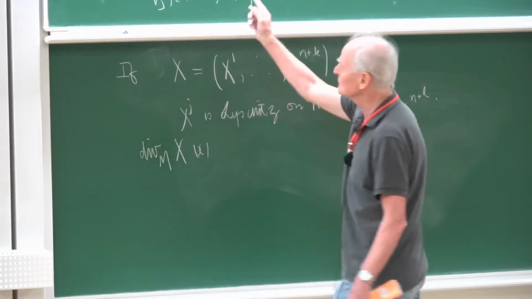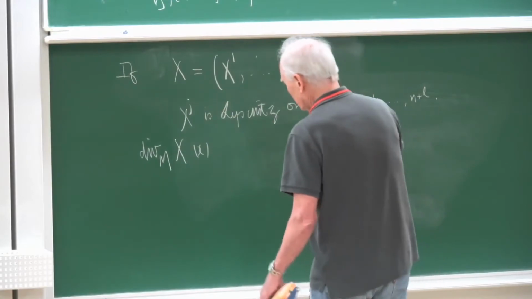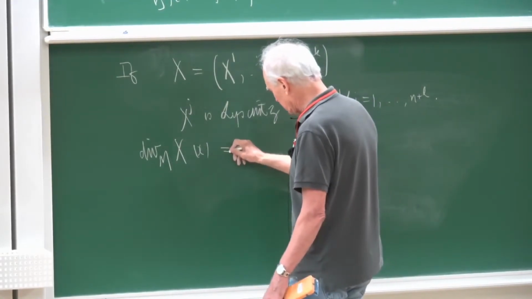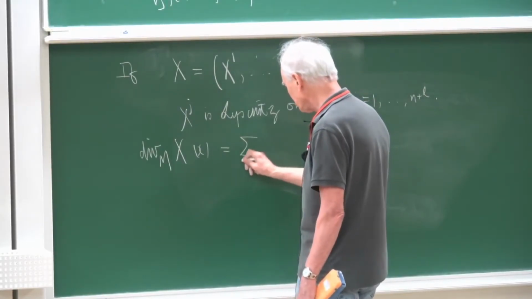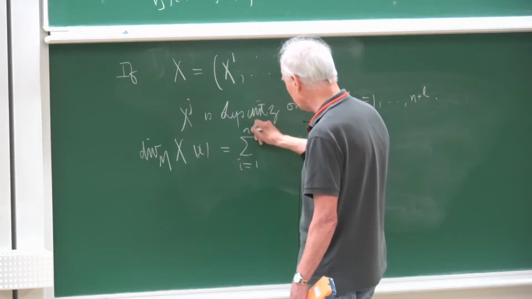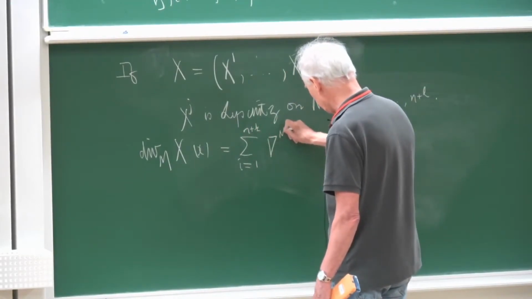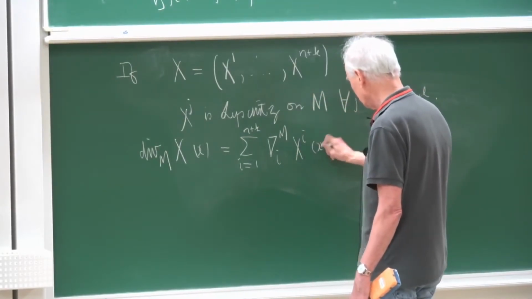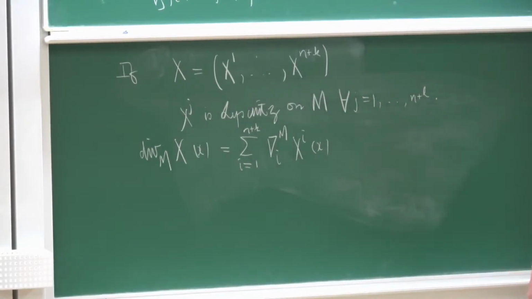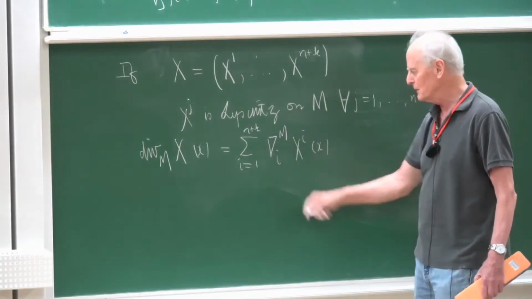We're still talking about one of these points where you can take all the directional derivatives and they're all linear. Then div_M X at x is simply defined to be the sum i equals 1 up to n+k of grad_M, the tangential gradient, the ith component of x_i. Sort of looks like the ordinary divergence of a vector field in R^(n+k), except that we're using the tangential operator here to compute these.